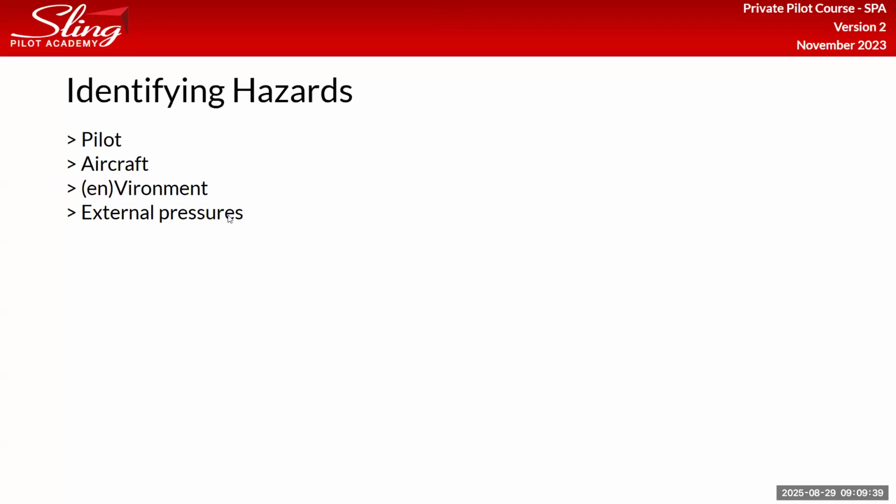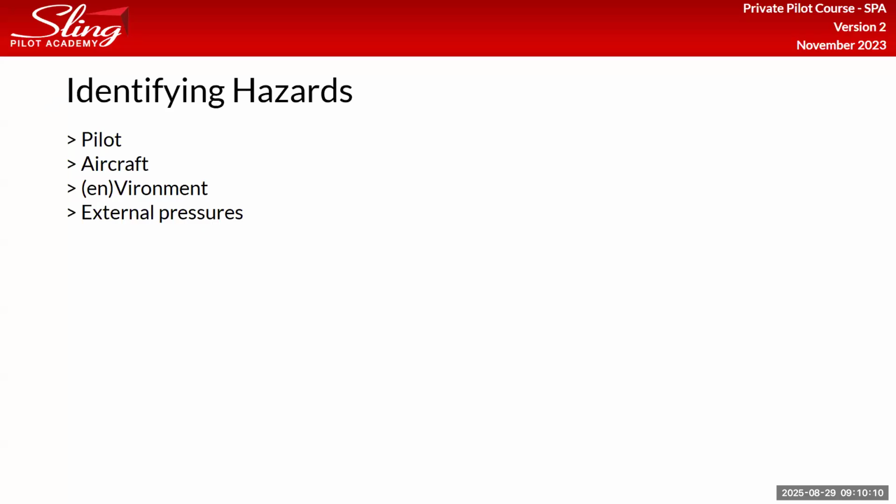And external pressures on top of that is evaluating what are we doing for this flight and how am I being pressured outside of just flying the airplane. A lot of the time, external pressures are time pressures. People always give the example of you get your private pilot's license and your friend asks you to fly them to the wedding they're going to this weekend, some big event, and you decide to take off the morning of to get there.